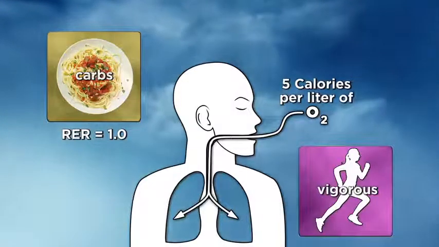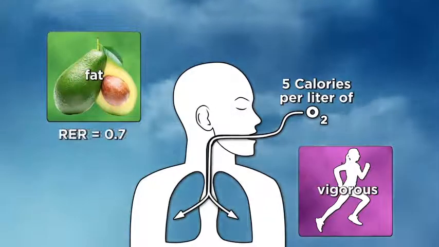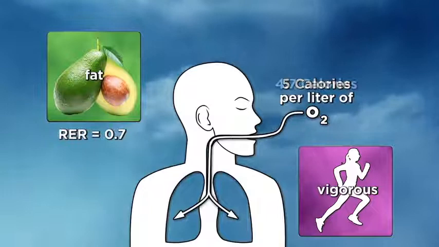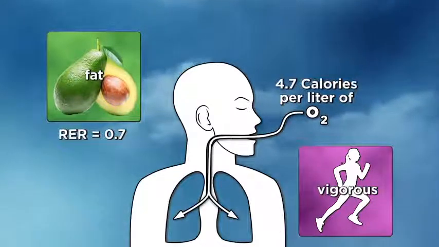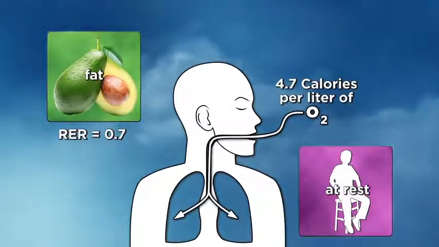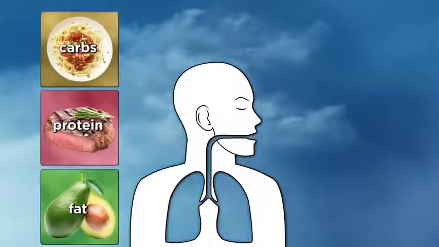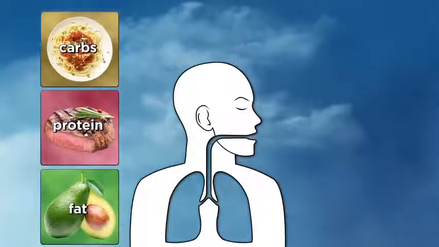Now, if you're burning mostly fat, your RER would be lower at 0.7, which is equivalent to about 4.7 calories per liter of oxygen consumed. This would occur while resting and while lying around. But most people tend to eat a mix of fuels from carbohydrates, proteins, and fats.